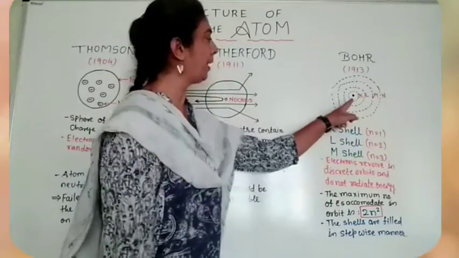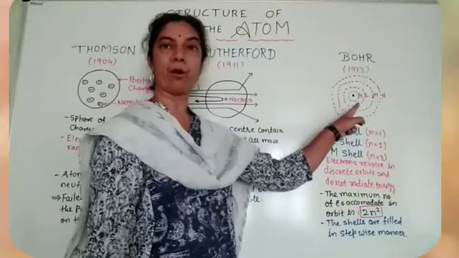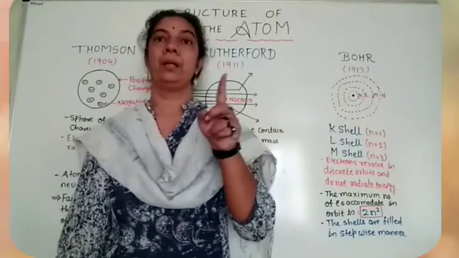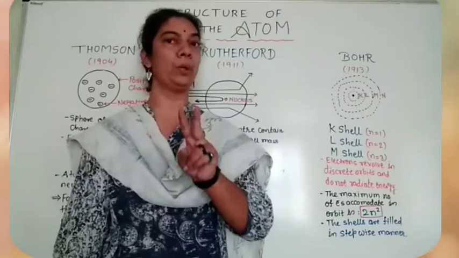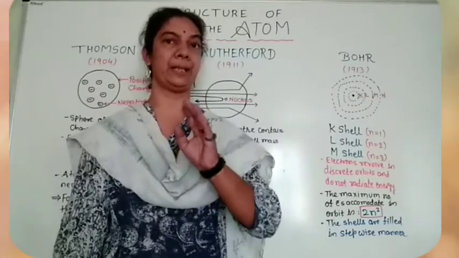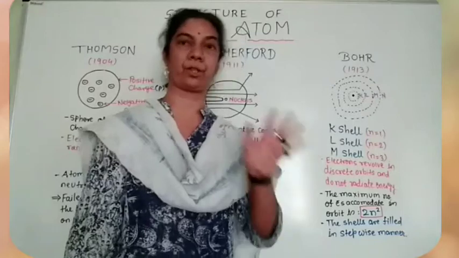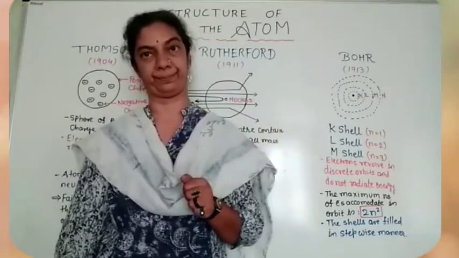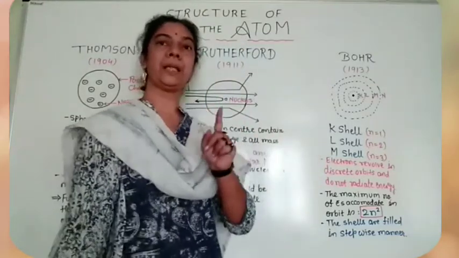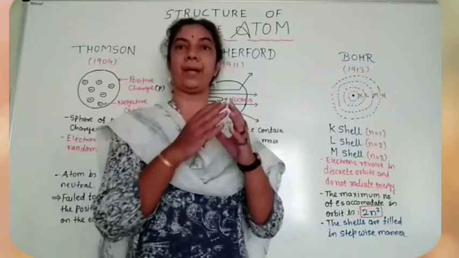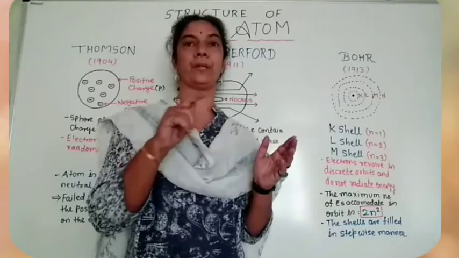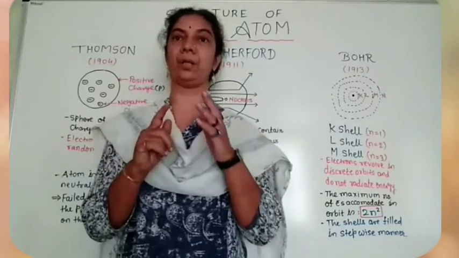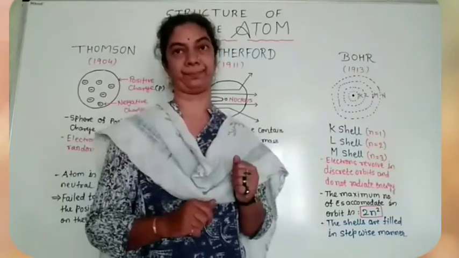So the nearest orbit of the atom can accommodate only 2 electrons, and that is the complete structure for that orbit. These electrons will not radiate any kind of energy when they move on a circular path around the nucleus.